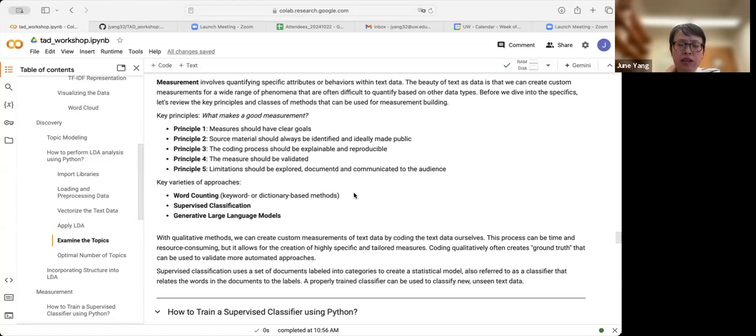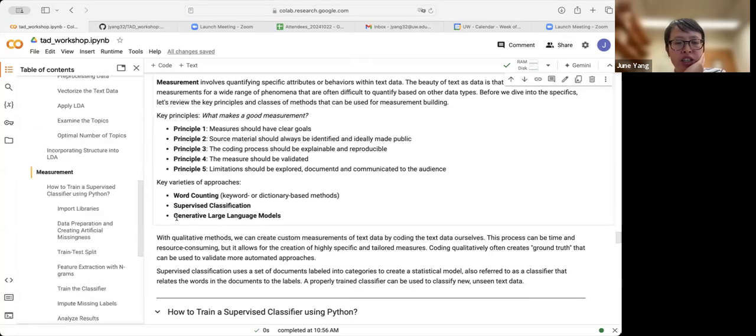When we are conducting sentiment analysis, we're essentially aggregating the values associated with each term in our documents, so that we come up with the sentiment measurement of the entire document we're looking at. So this is more of a dictionary-based method. There are also supervised classification methods, which I will introduce a bit deeper in this tutorial.